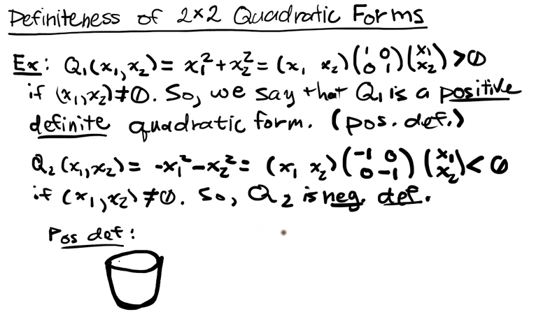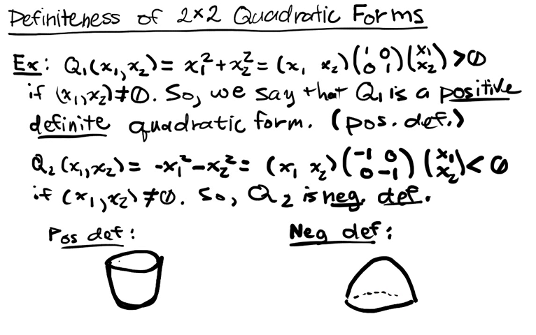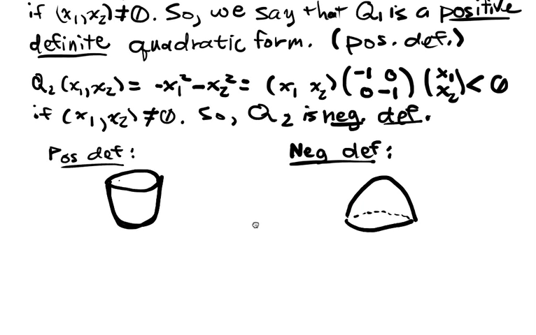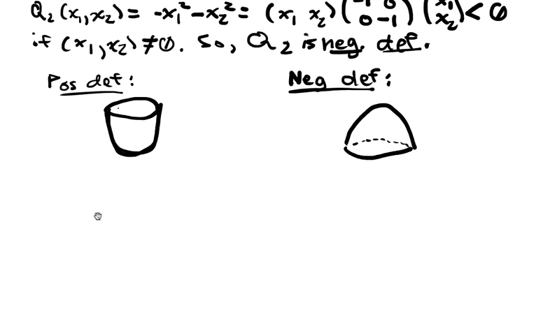For the negative definite case, at 0 we have a unique global maximum, which is 0, and the bowl is inverted now. So here I have a minimum, and here I have a maximum. That's great. In some sense, this is what positive definiteness and negative definiteness guarantee us.